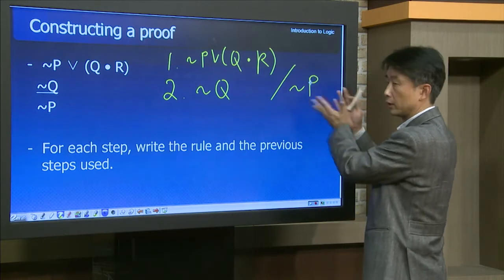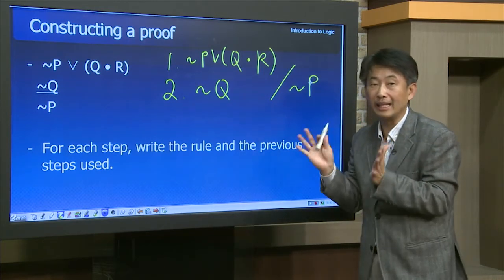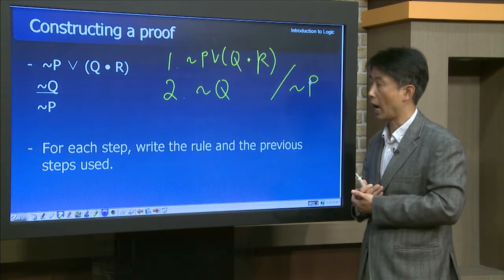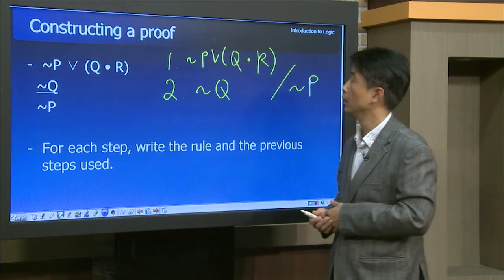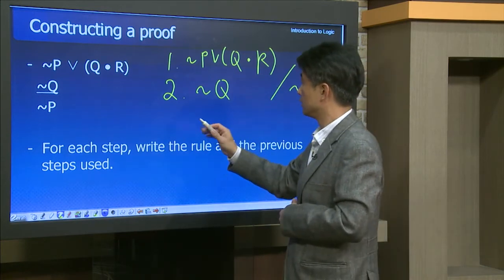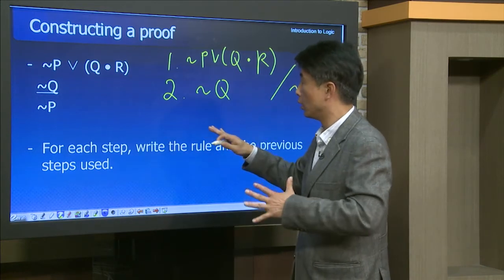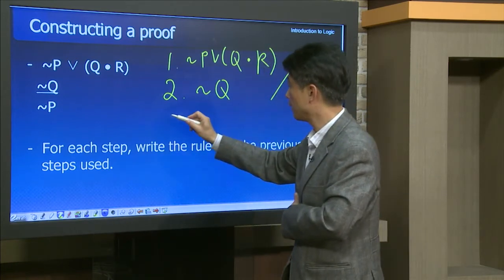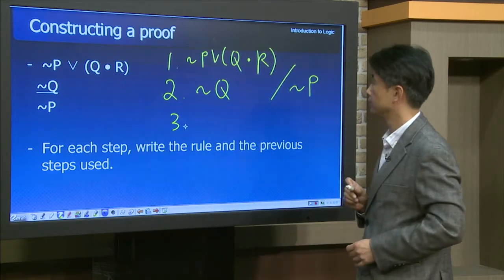We have not reached that yet, but that's the goal. So we have to fill in the intermediate steps, and the next step we number 3.